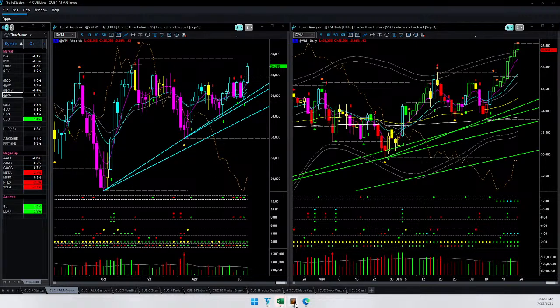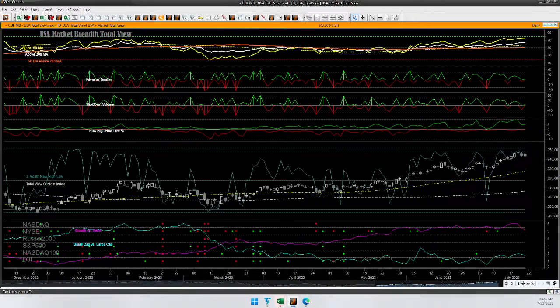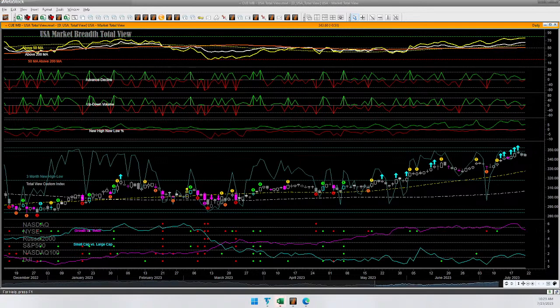And interestingly, I ran the internal health check that you can see in this very powerful single chart, USA market breadth total view. There are no bearish signals in the market breadth total view also. If you see Thursday, Friday, there is no distribution count, not even one.